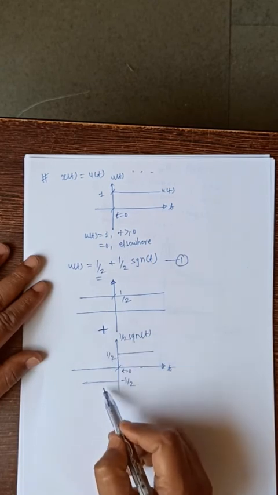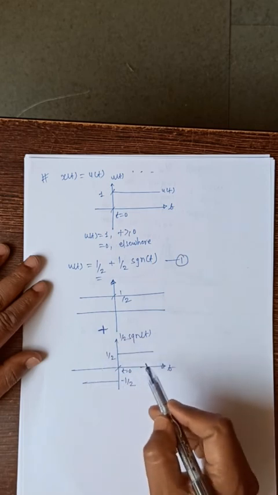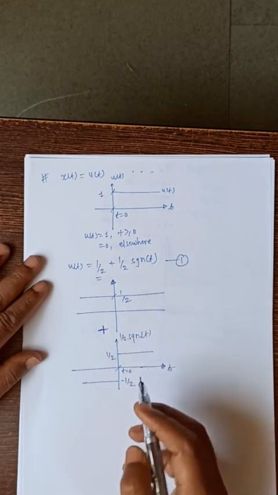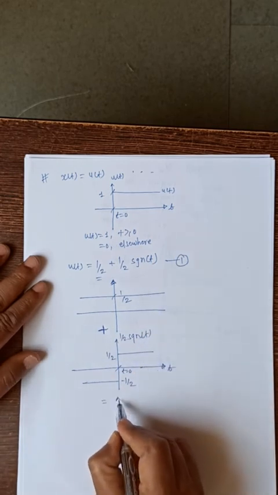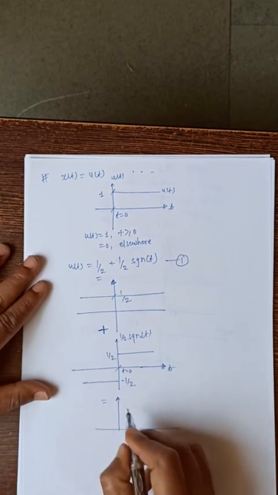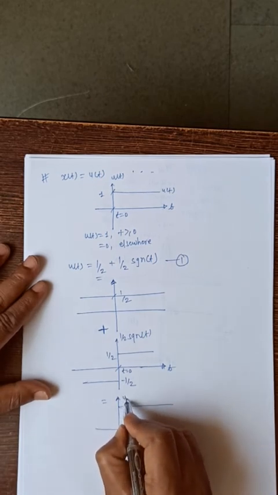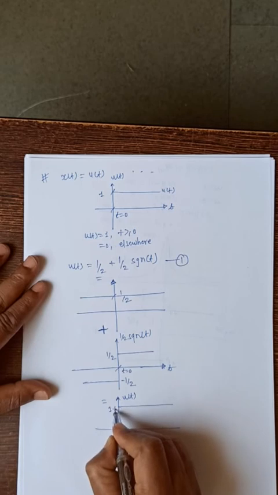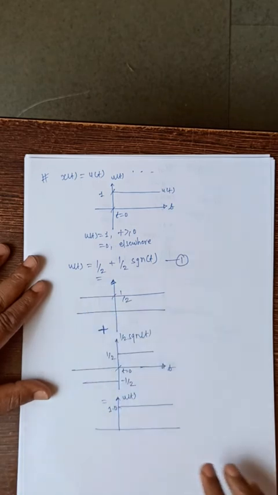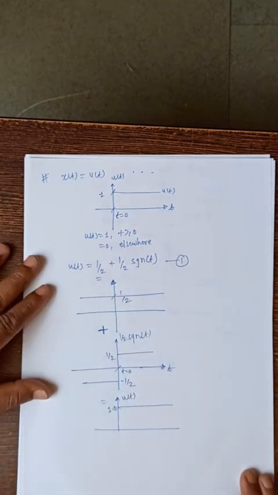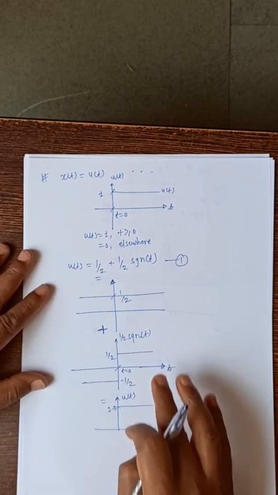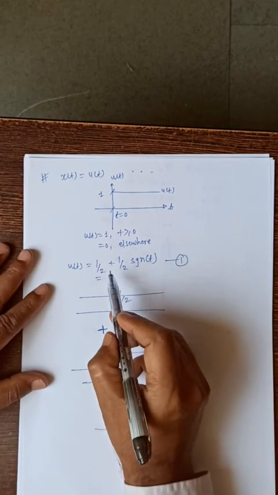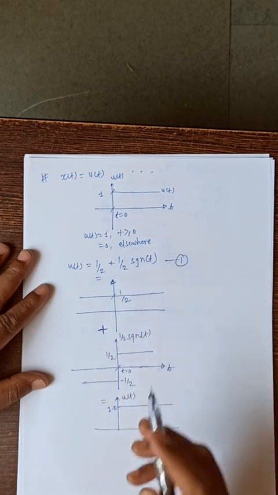Minus half plus half is equal to 0. This is half plus half, equal to u(t). So this is equal to u(t), amplitude equal to 1. This minus half and plus half is equal to 0. Okay, so this is u(t). So this u(t) can be represented as half plus half sgn(t).